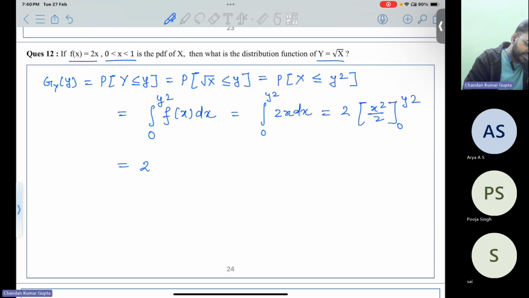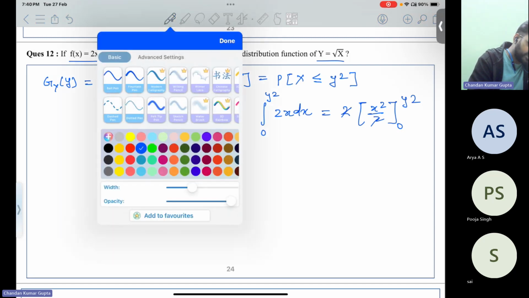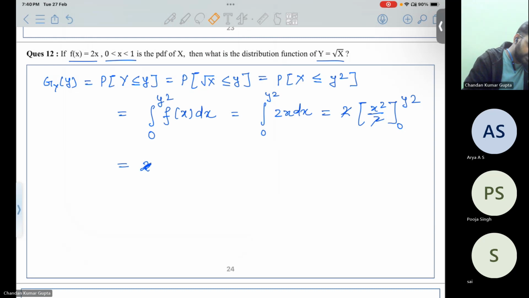The 2 and 2 cancel out, so it is y square to the square, that is y to the power 4.